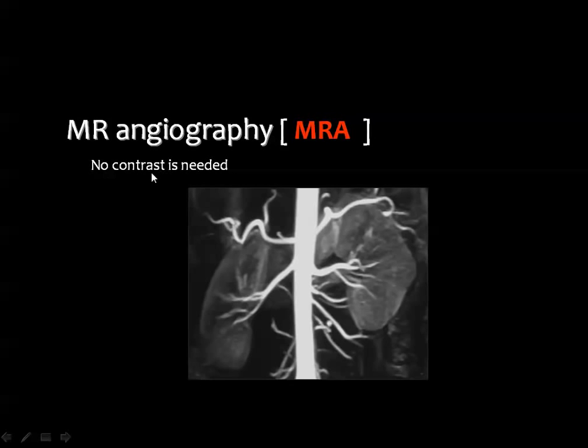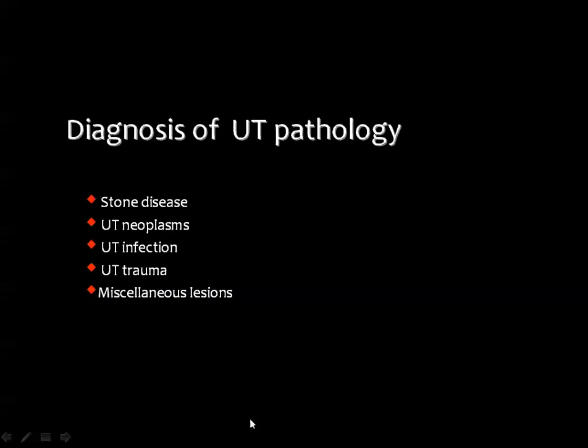You use the flow of blood in the vessels to obtain these images. So if you are not able to inject the patient with contrast material because of bad renal function or hypersensitivity, you can assess the vascularity and the pelvicalyceal system by MRI without the need to inject contrast material.